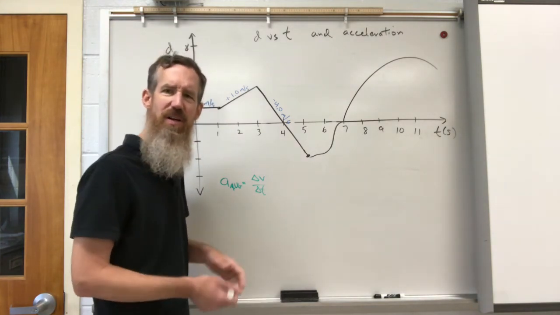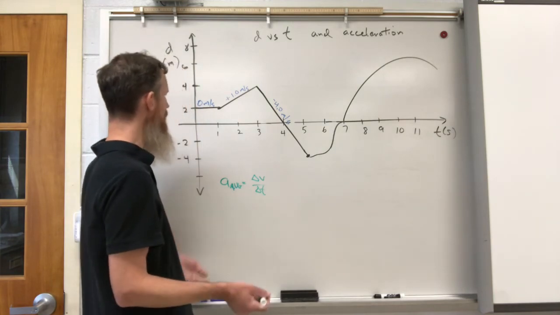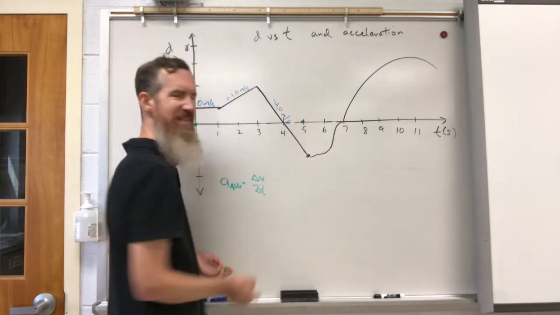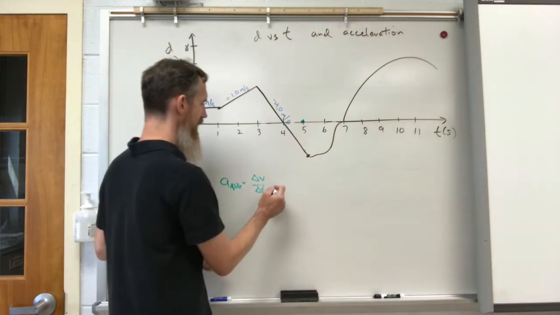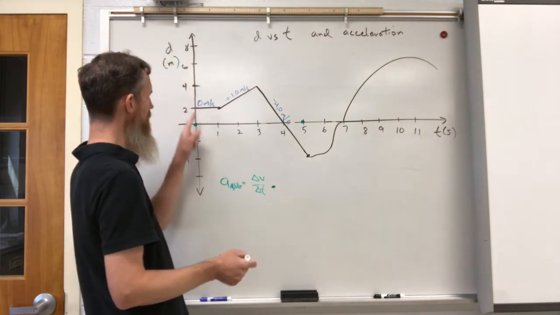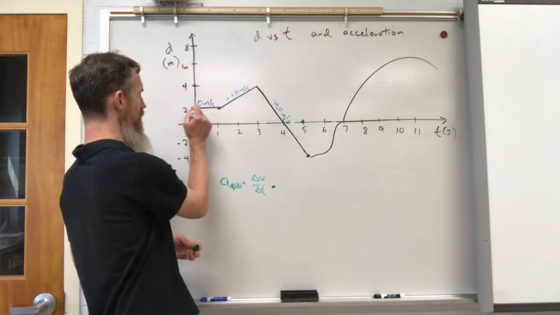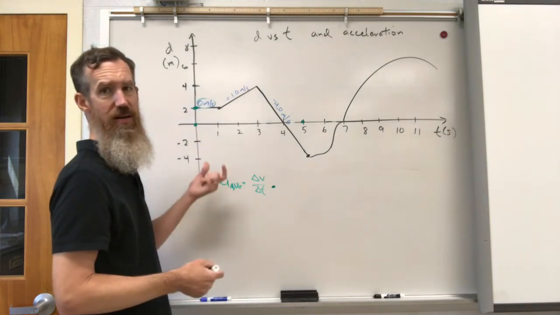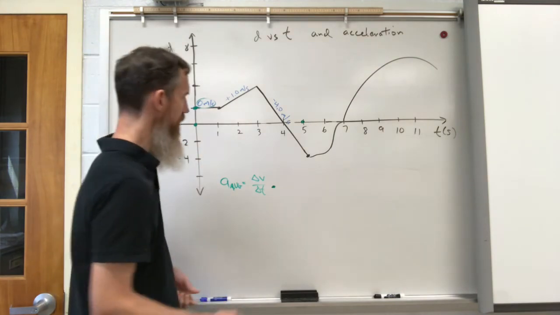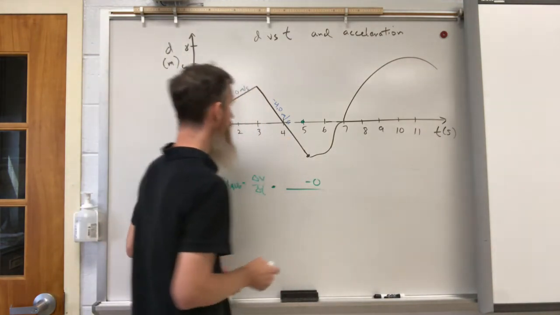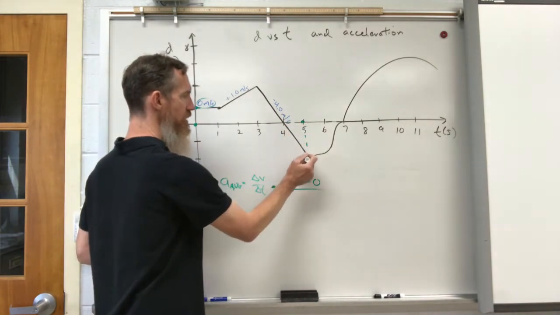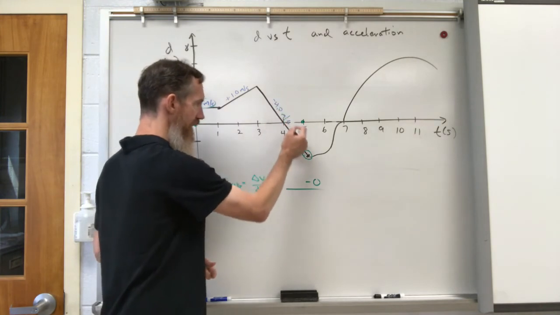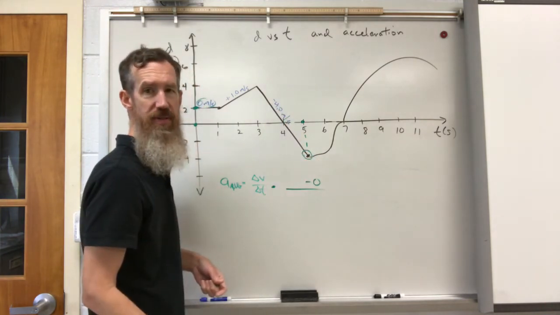You could get some weird question, say what's the average acceleration between 0 and 5 seconds? We could do that because we know the speed at 0 seconds is 0 meters a second. And at 5 seconds, we do happen to know the velocity. It's just the end of that -4 meters per second segment.